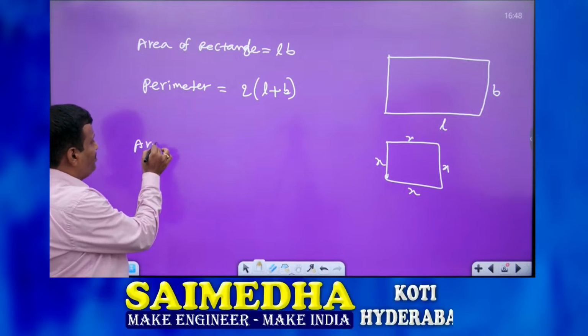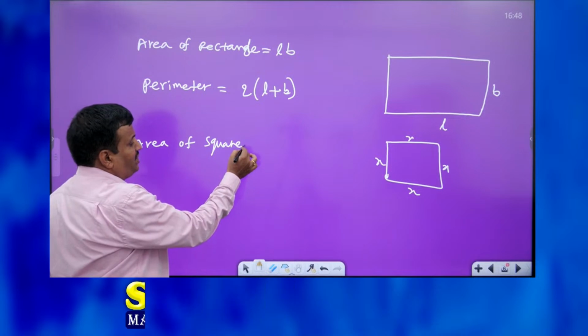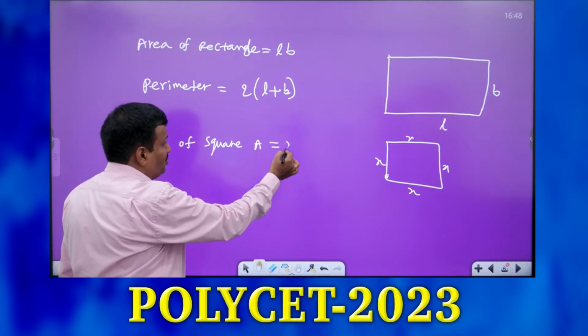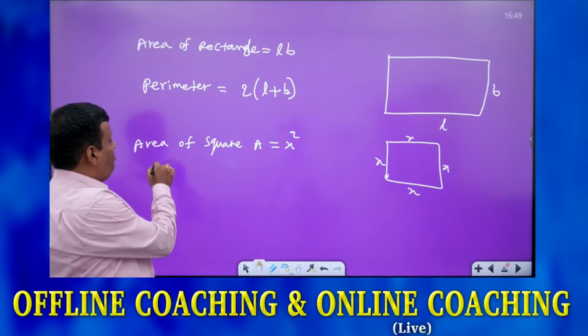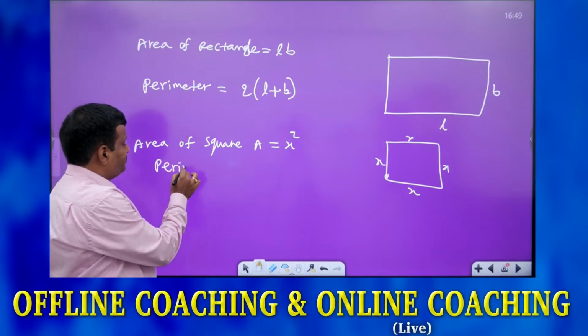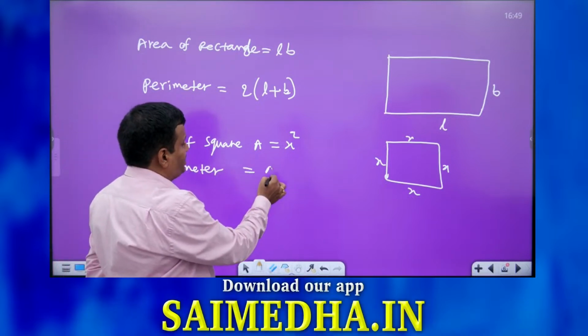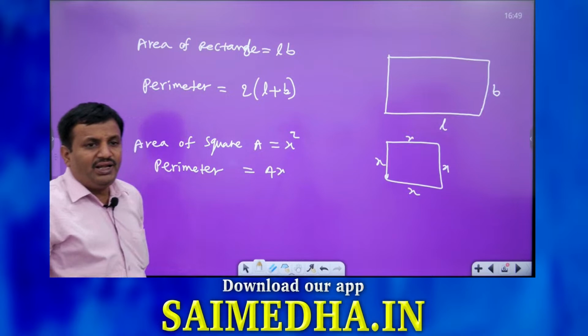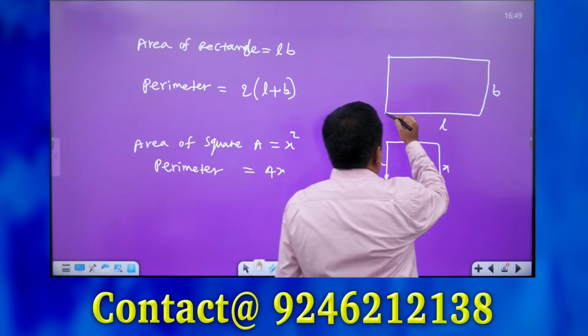Area of the square is equal to, A is equal to x square square units. And if you observe the perimeter here, perimeter is equal to 4x. So complete knowledge. ఈ complete knowledge ఉండాలి. ఇక్కడ diagonal తీసుకుంటే, what is the diagonal here?